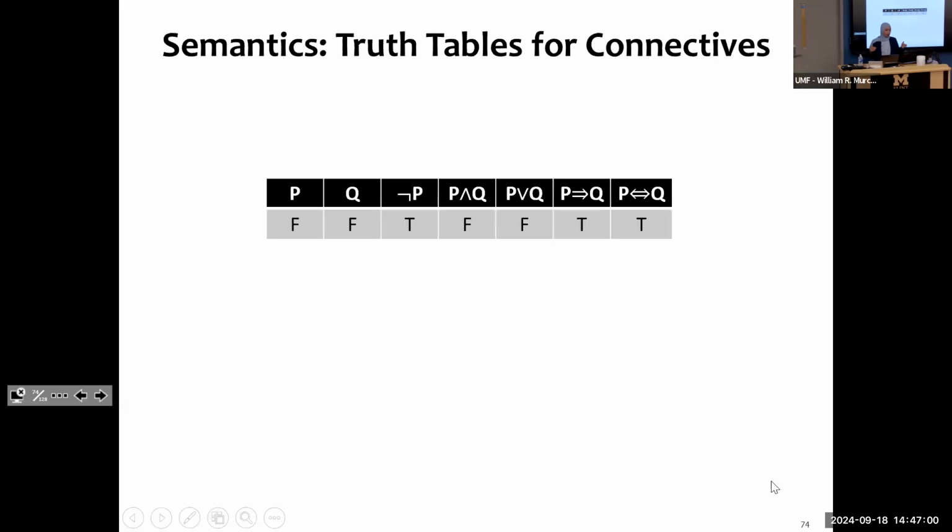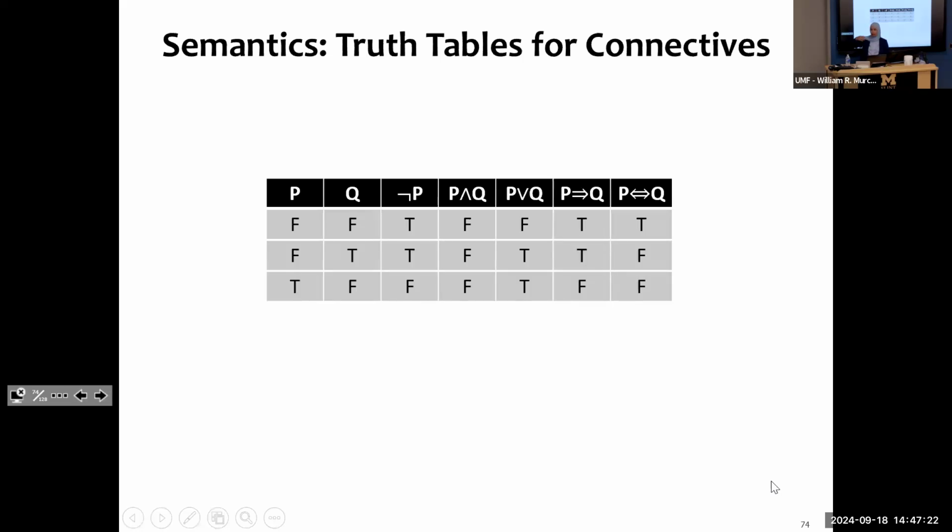P and Q, false and false, will give false. P or Q, one of them is false, it's enough to have the output as false, so it's false. P implies Q, false implies false, that's true. And the biconditional is also true. So we have the different combinations and the different results.